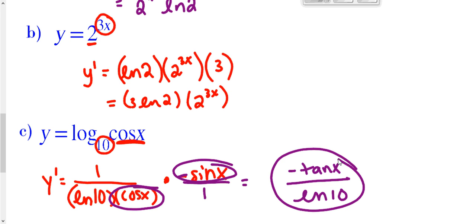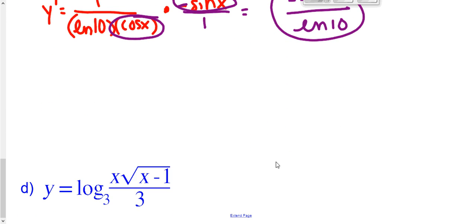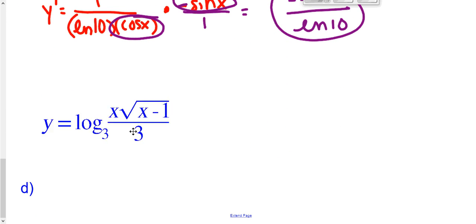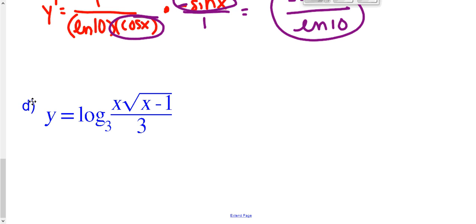Now, one more log problem. And remember those properties. They don't go away just because we have different bases. So this looks crazy, but let's rewrite this first before we take our derivative.